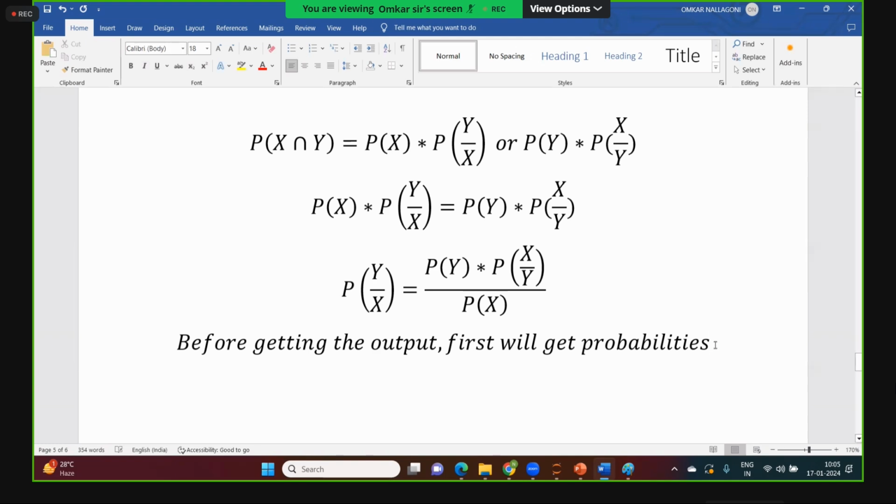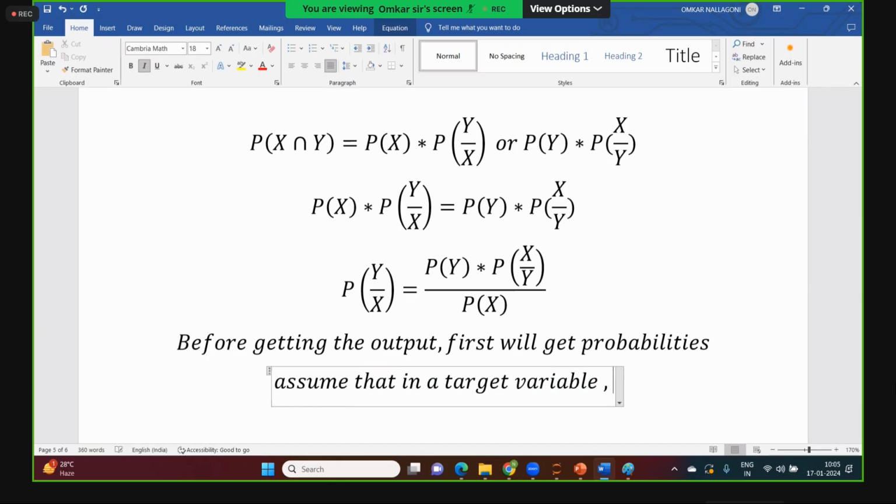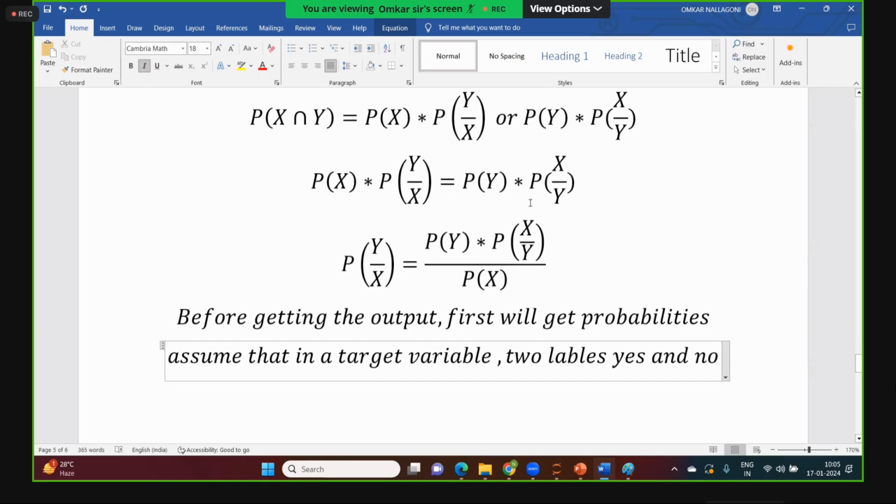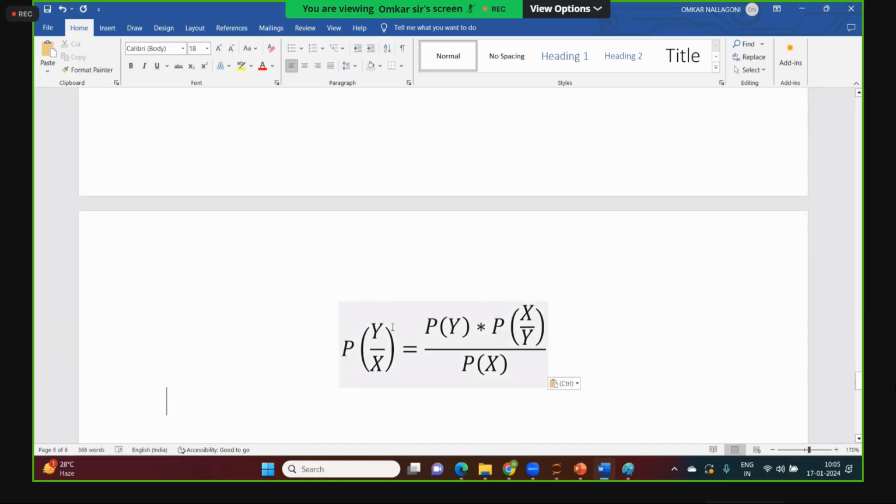Assume that in a target variable there are two labels: one is yes and the other is no. So now the formula will become like this. First you will get P of y is equal to yes.